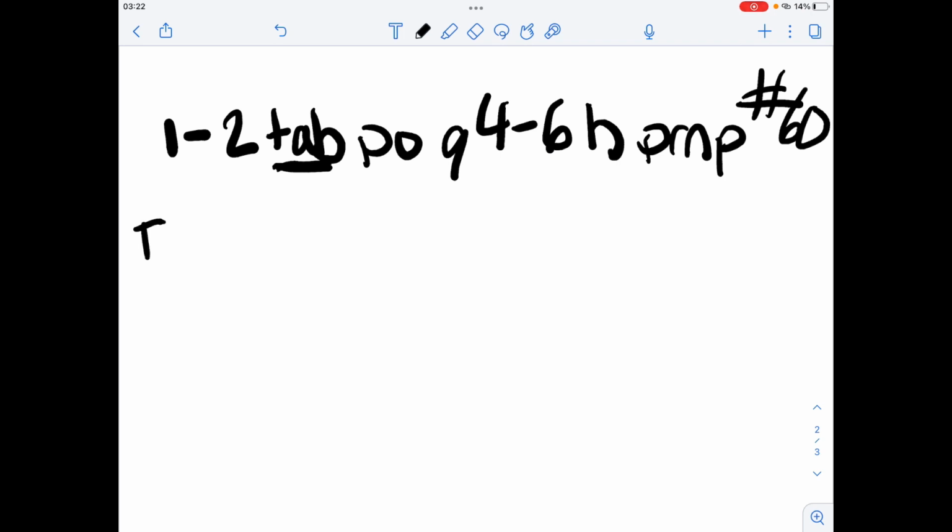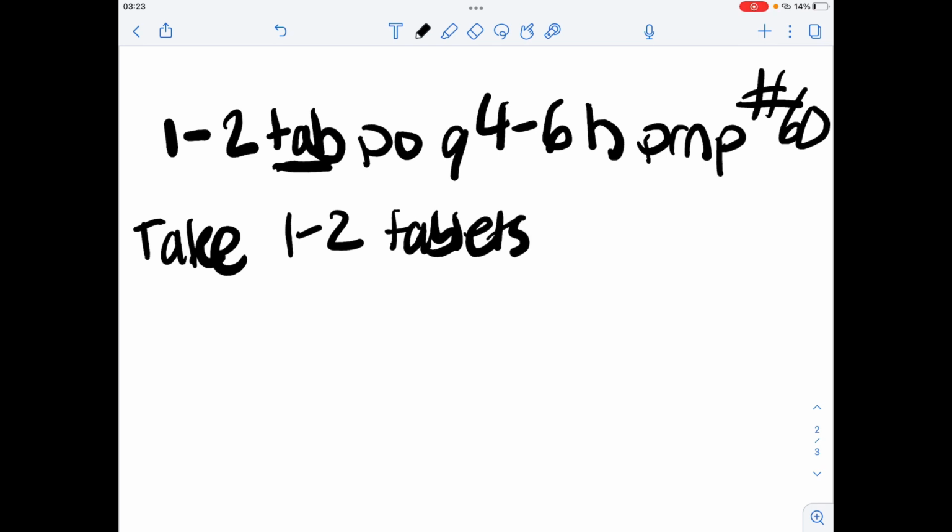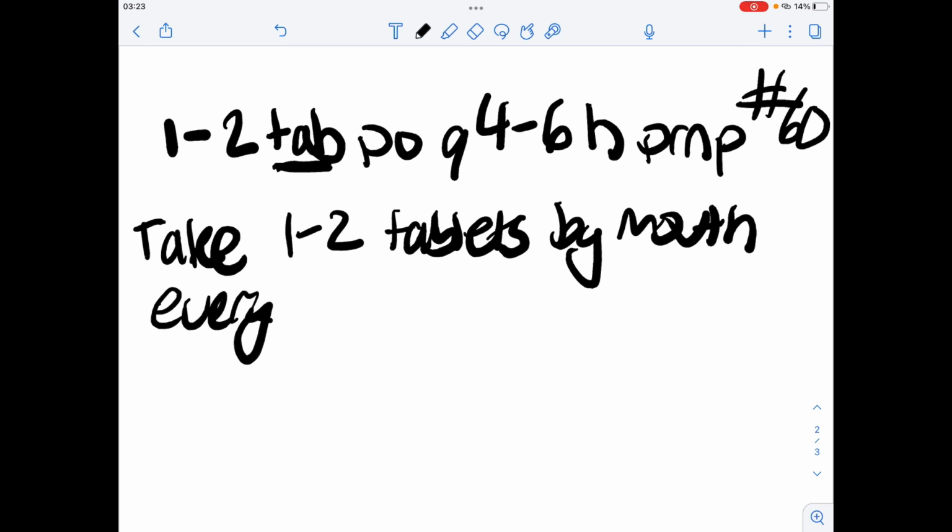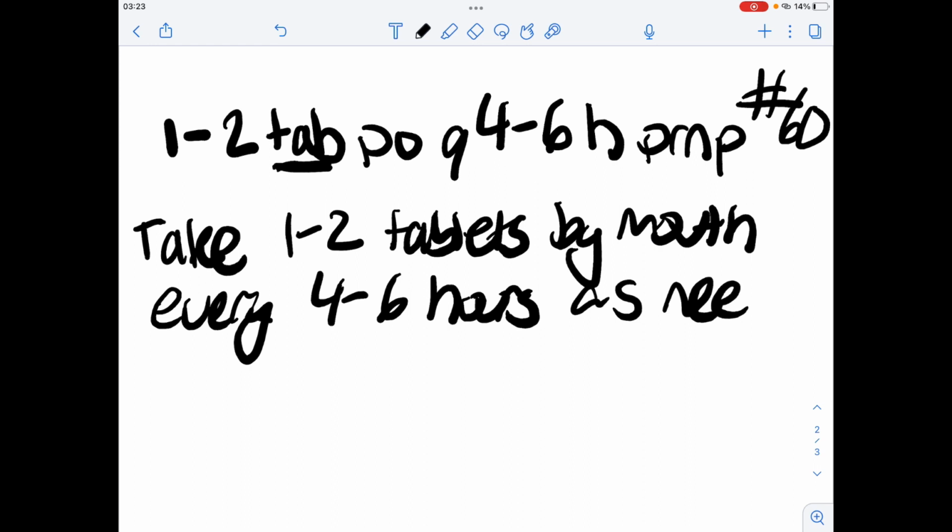So this will translate to take 1 to 2 tablets by mouth every 4 to 6 hours as needed for pain.